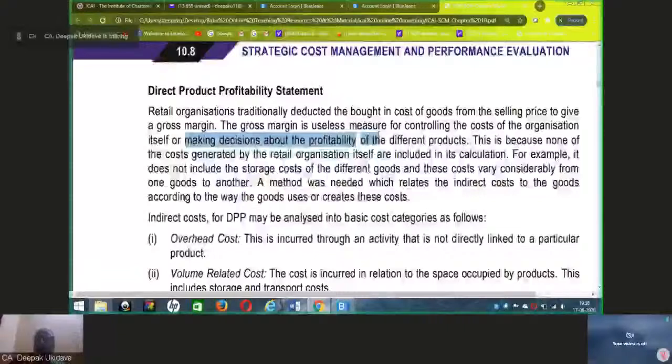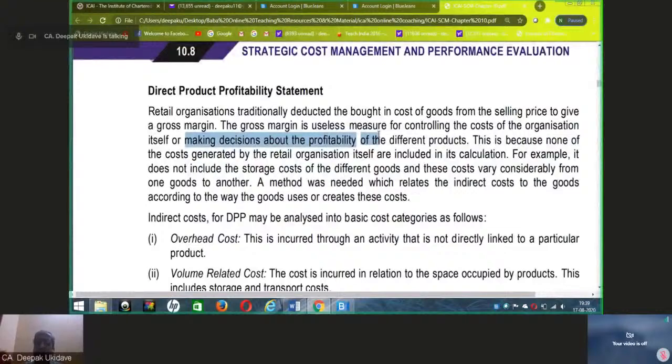So making decisions about the profitability of different products and areas of cost control, you cannot take such decisions using gross margin. Gross margin is measured, yes, at the back of the mind, but net profit is more important as far as product profitability is concerned.